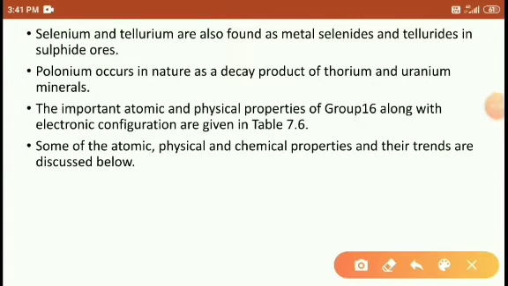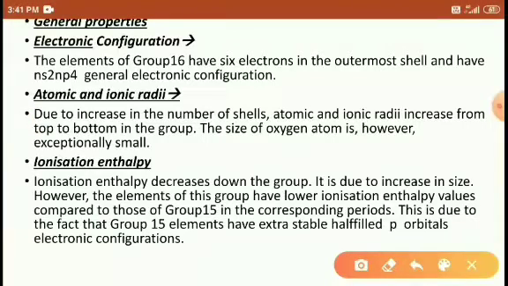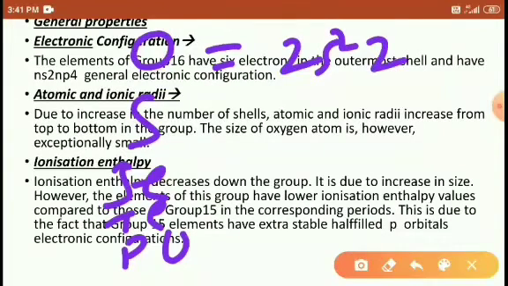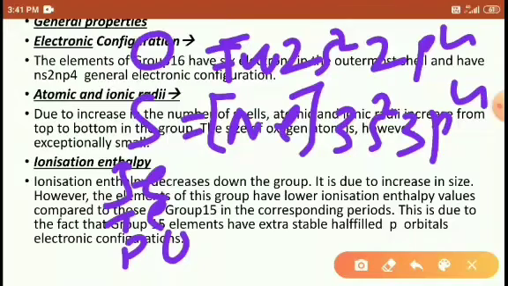So the most important atomic and physical properties we will discuss here. General property: the electronic configuration of group 16 elements is ns2 np4, because for all the elements, oxygen, sulfur, selenium, tellurium and polonium, the outermost electronic configuration is 2s2 2p4 for oxygen, with helium core, and for sulfur, with neon core, 3s2 3p4.